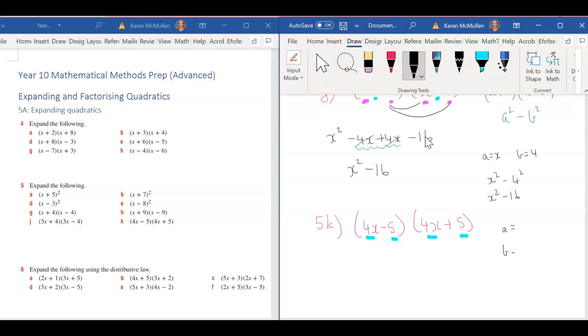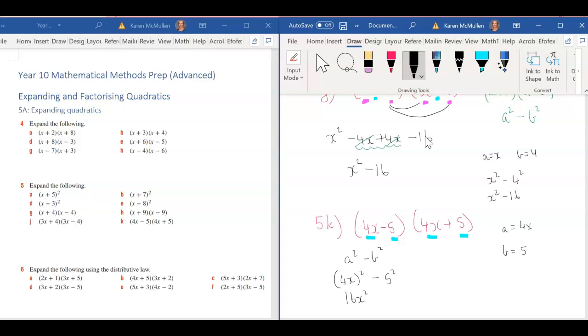A is your first term, so 4x, and b, you can do negative 5 or 5 because we're going to square it and you're going to get a positive number. So a squared minus b squared. We're going to square the 4. Just make sure you put the 4x in brackets so you don't forget to square the 4 as well.